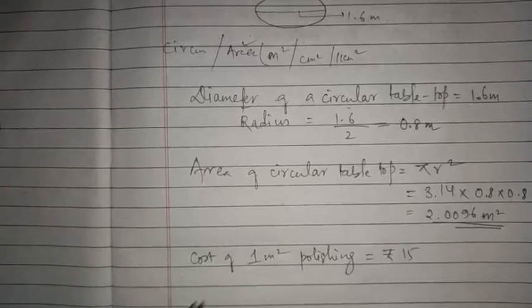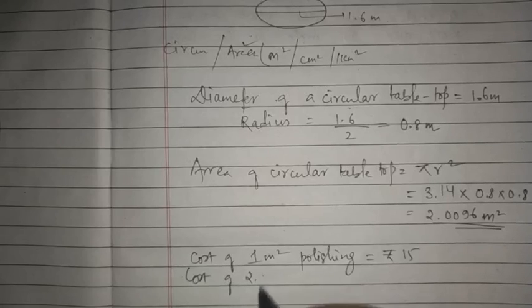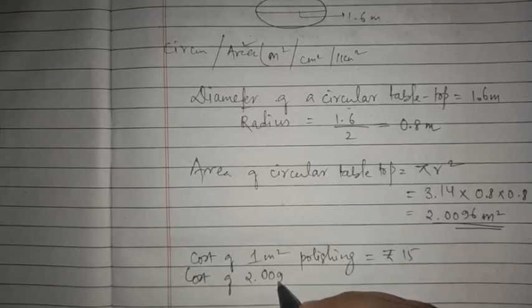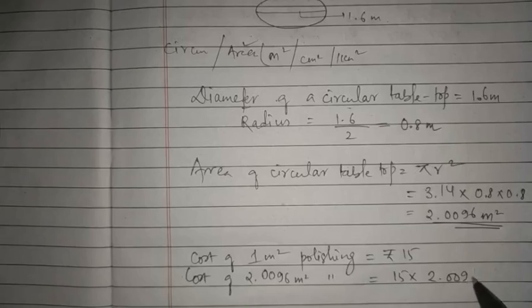Now what is your area? You got the area as 2.0096 meter square. Cost of polishing is equal to 15 into 2.0096. So now when you multiply this, you'll get rupees 30.144. They have to pay 30.144 rupees.